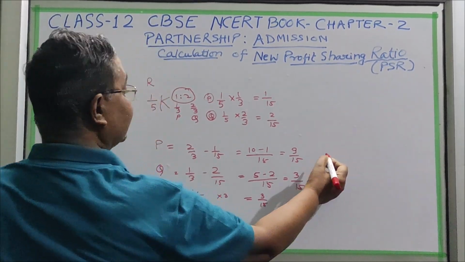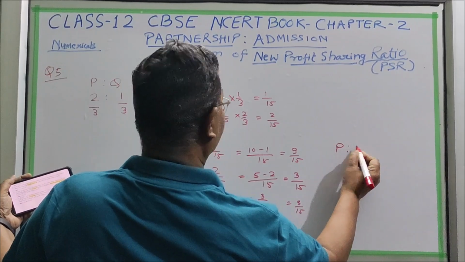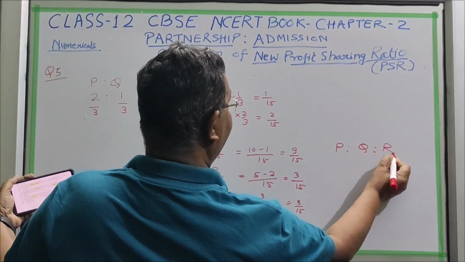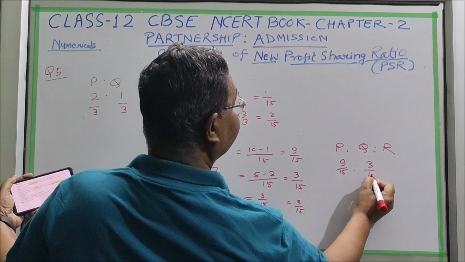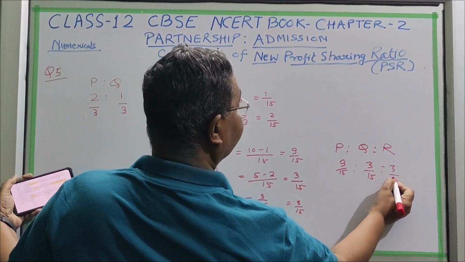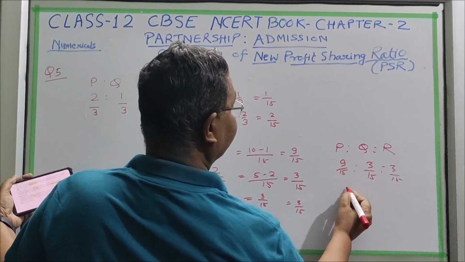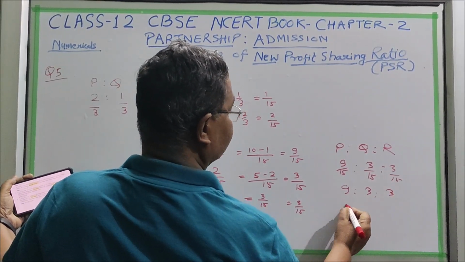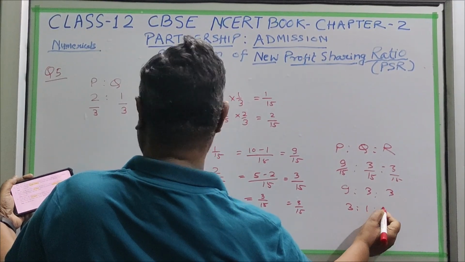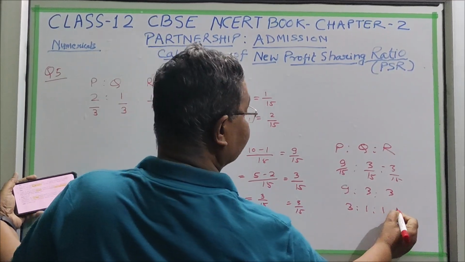So their new PSR, P is to Q is to R is equal to 9 upon 15 is to 3 upon 15 is to 3 upon 15. The denominator is common, we leave it. 9 is to 3 is to 3. This can be reduced: 3 is to 1 is to 1. And this is your answer.